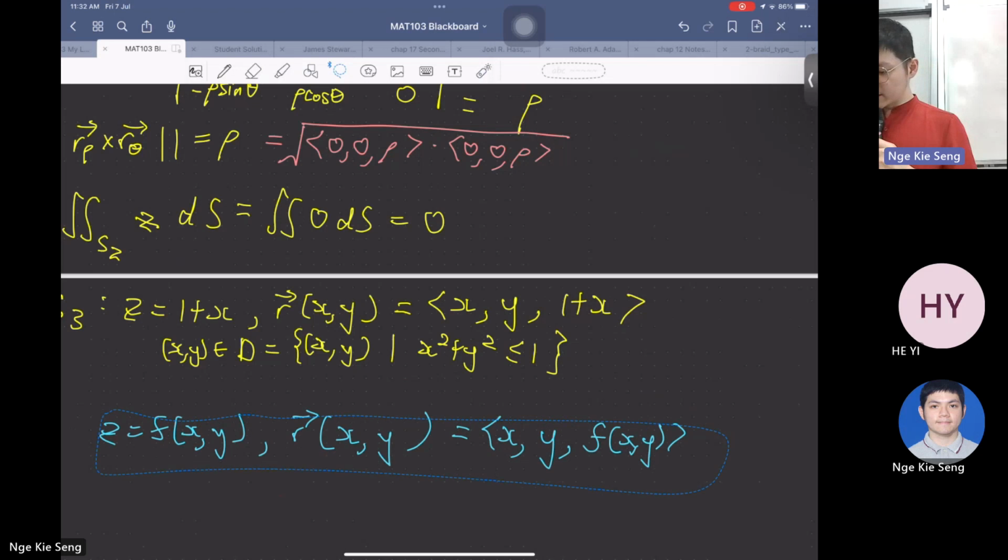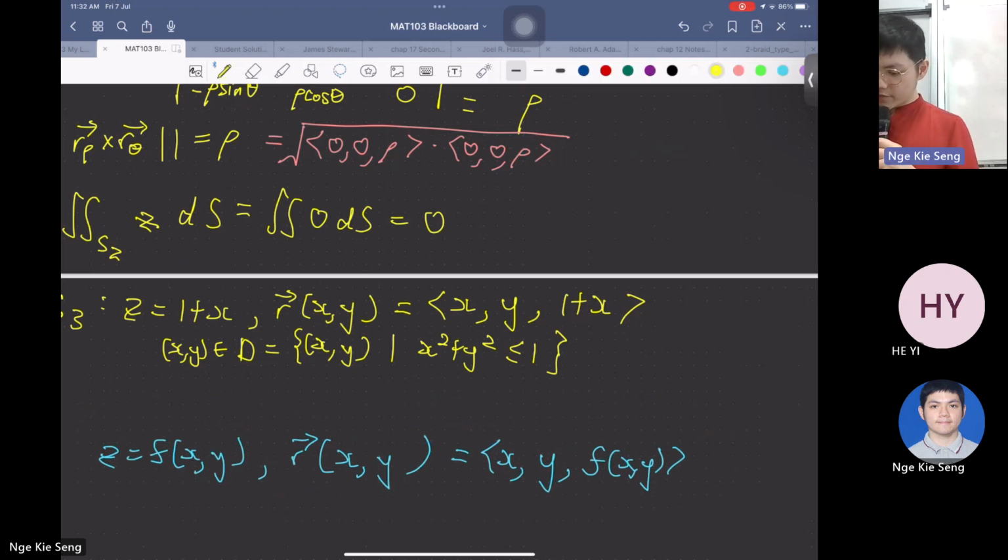Remember, this here has a convenient way to write down. This is a polar rectangle.